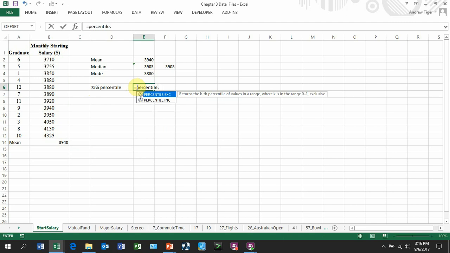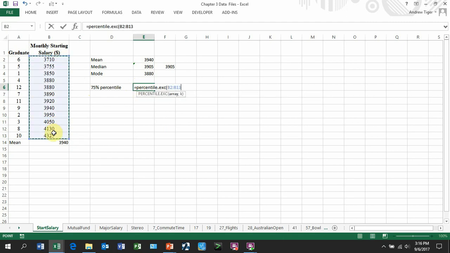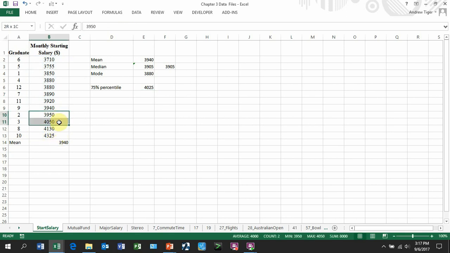I think that's probably a good one to use. PERCENTILE.EXC, excuse me. I grab the data, and then I want the 75th. Now you have to use a real number, so you put in 0.75. And so 4025, which is somewhere between these two, at that number, 75% of all the values are less than that.